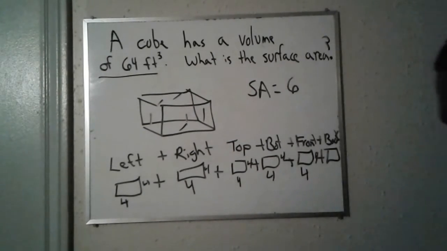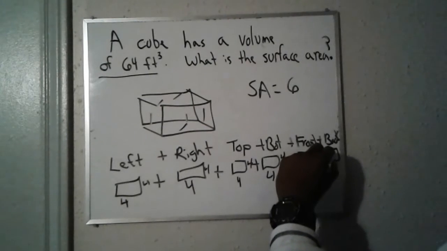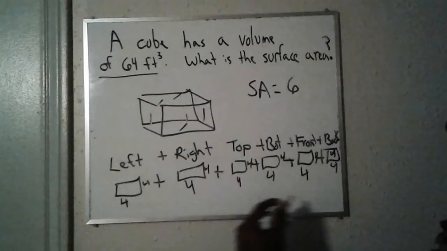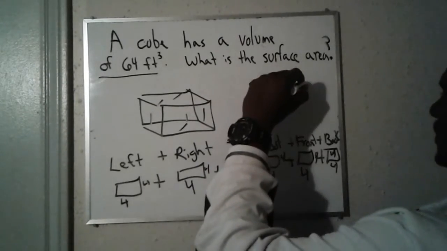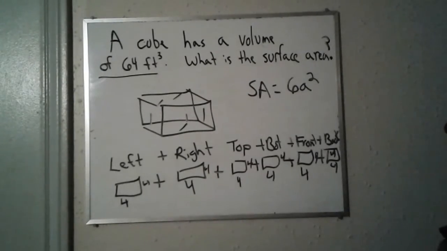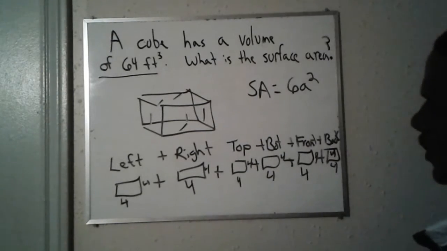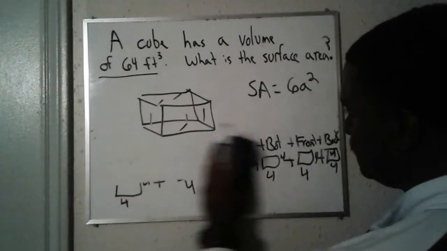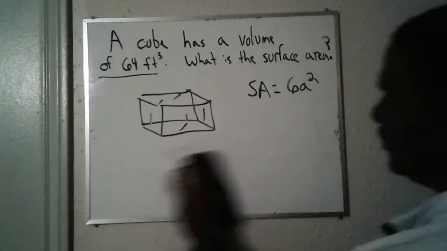All these sides are going to be the same. So, we can say side squared. Or we can just come down here and take this side and find one of them.